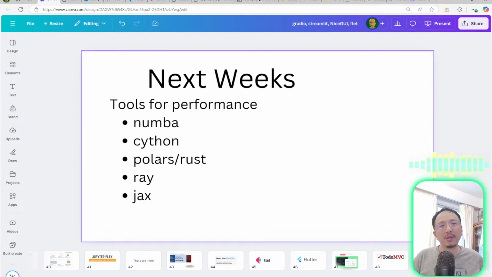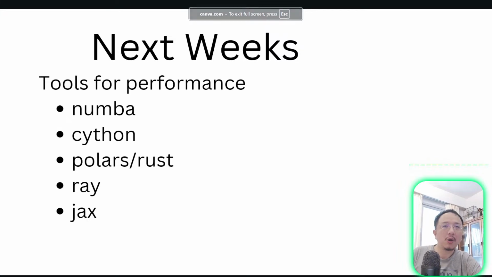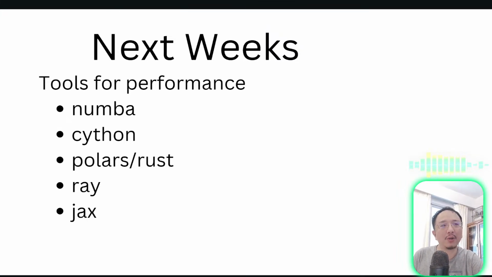Okay, so that's everything that we cover this week. In the next weeks, probably the next 3 weeks, we are going to cover more about performance, including Numba and Python that can speed up your program, or a little bit of Rust and Polars. We are focusing more on Polars.